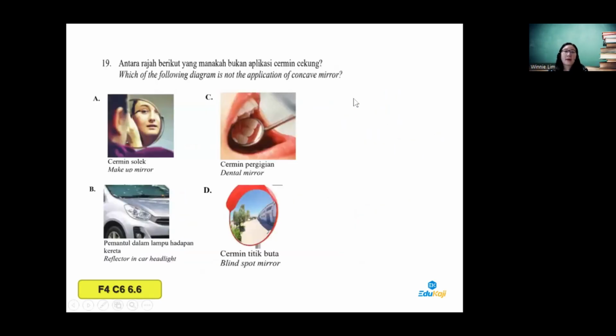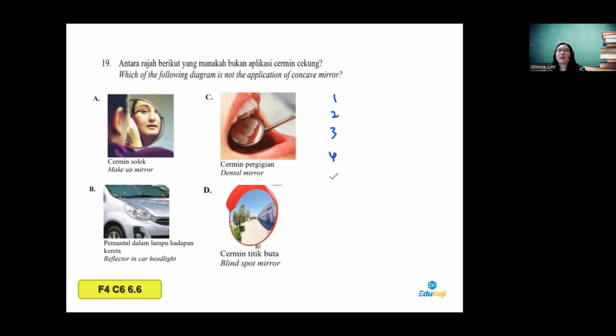Number 19, which of the following diagrams is not the application of a concave mirror? When you place the object at different positions, the concave mirror will have different characteristics of the image formed.